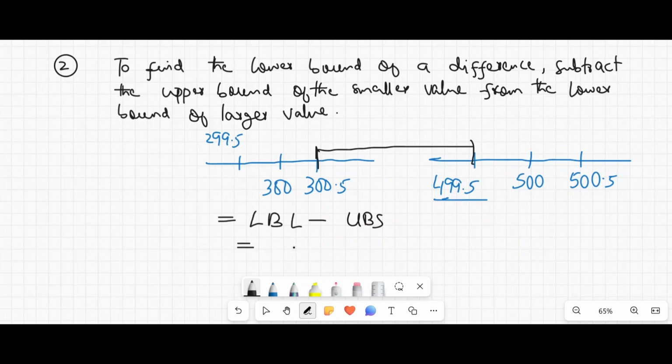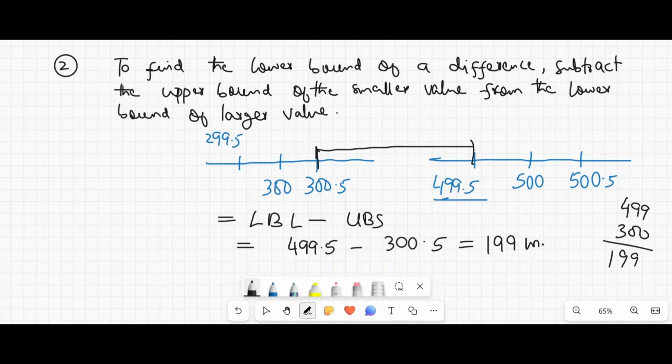So 499.5 minus 300.5, the 0.5 will be cancelled, and at the end you will get 199 millimeter.